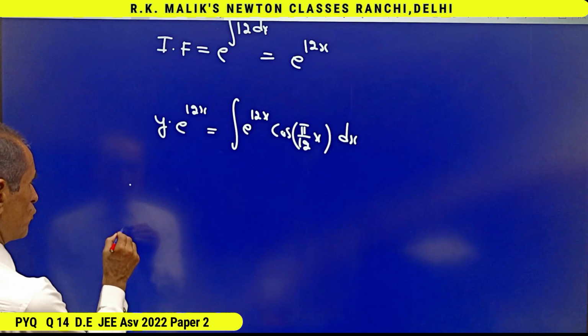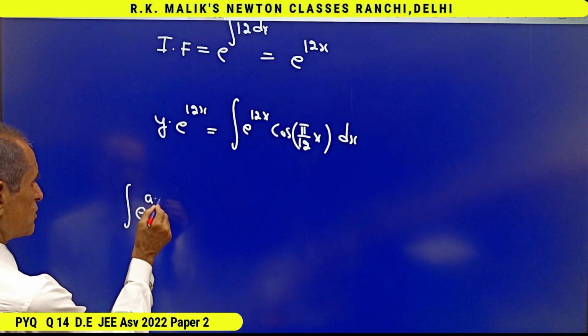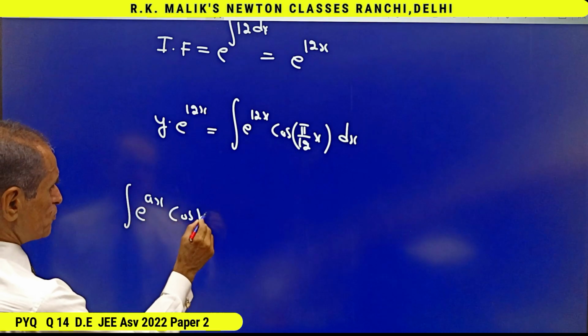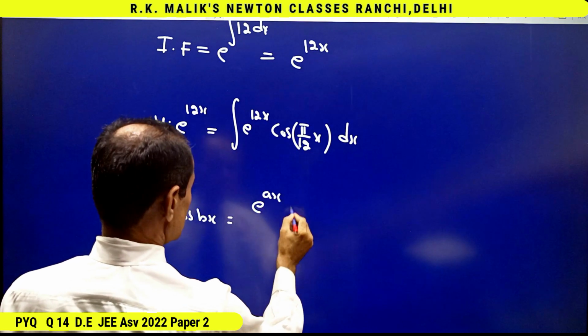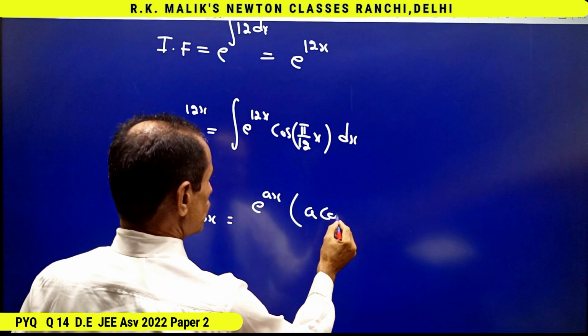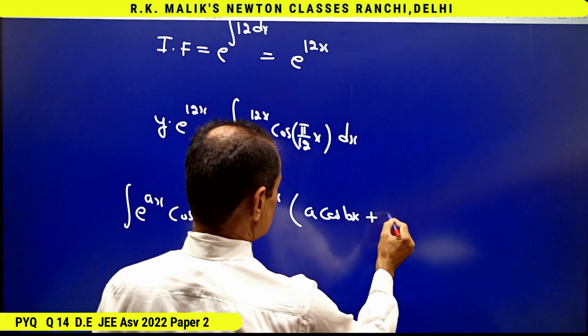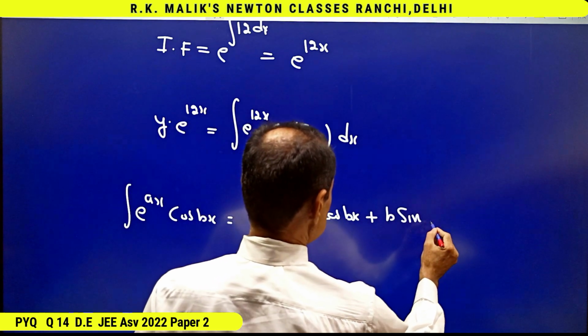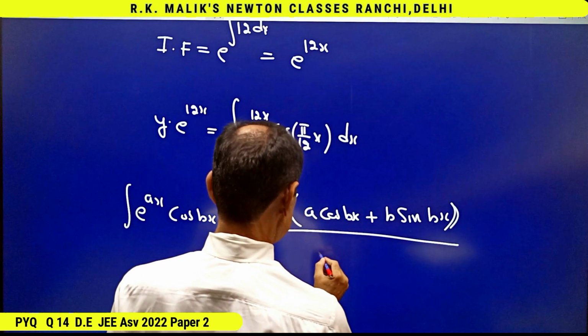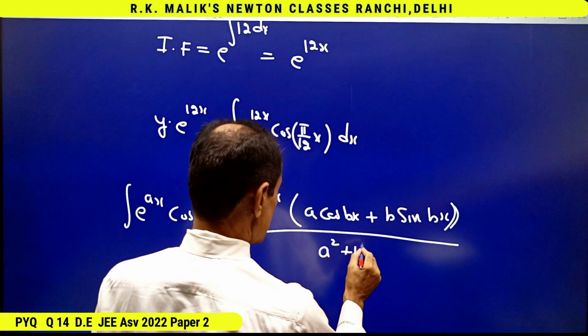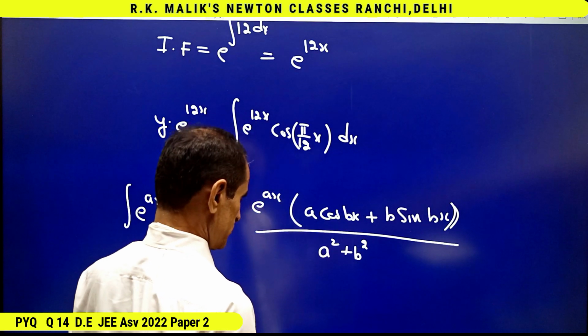And as I told you just now, e to power ax cos bx is e to power ax (a cos bx plus b sin bx) upon a square plus b square.